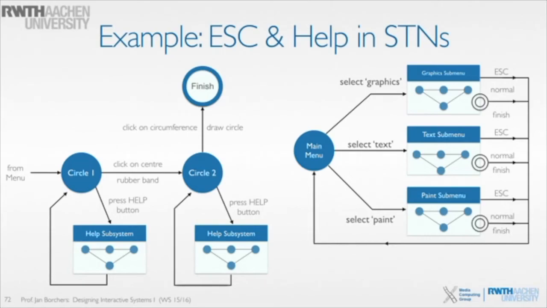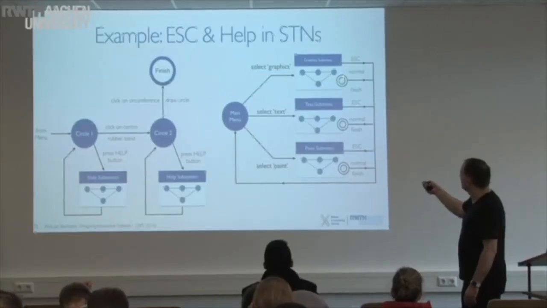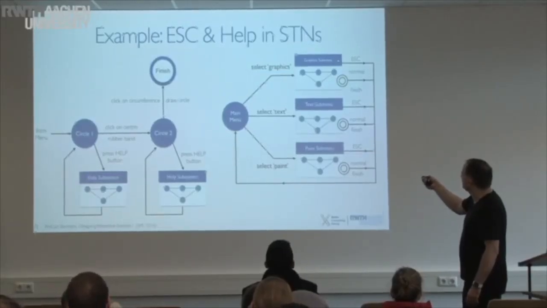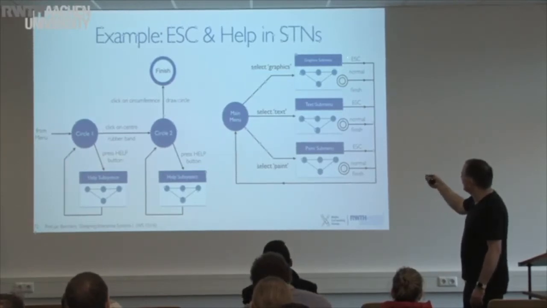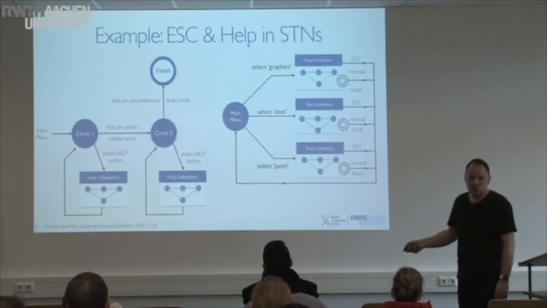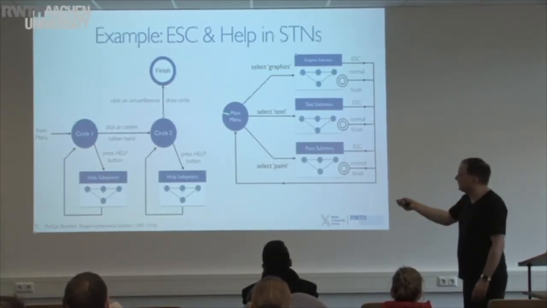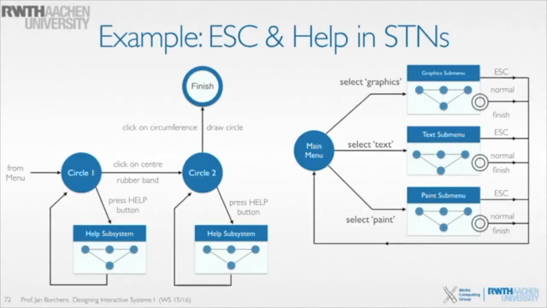You can make up a helper notation like this, this is the normal exit, but this basically means anywhere in this submenu, escape can be used. I would have to go there from every single node and make a line via escape to the main menu to have a complete state transition network. That gets messy, and so you will start coming up with shorthands for that.